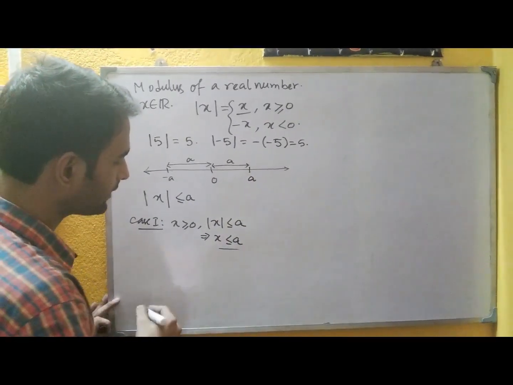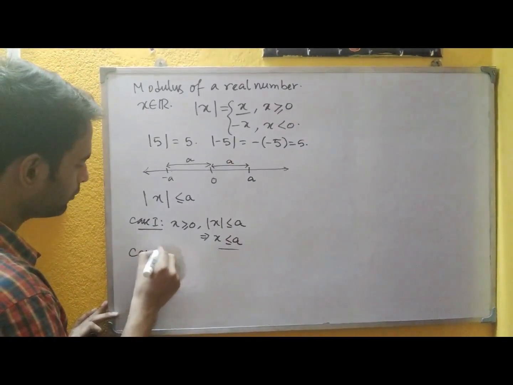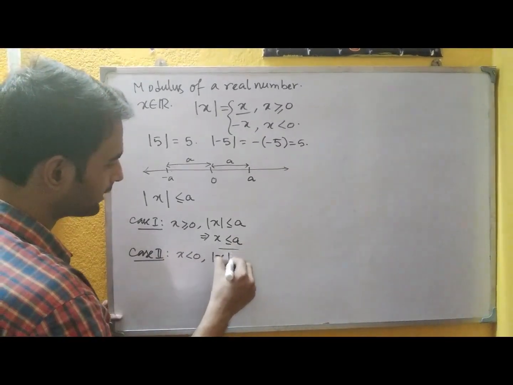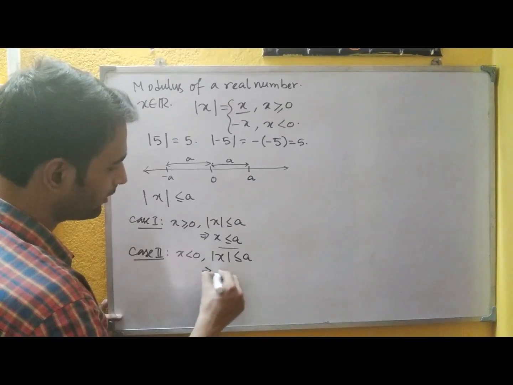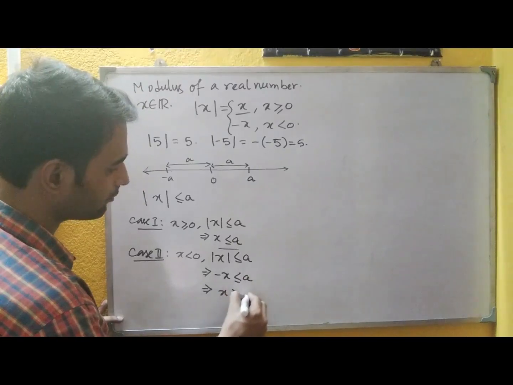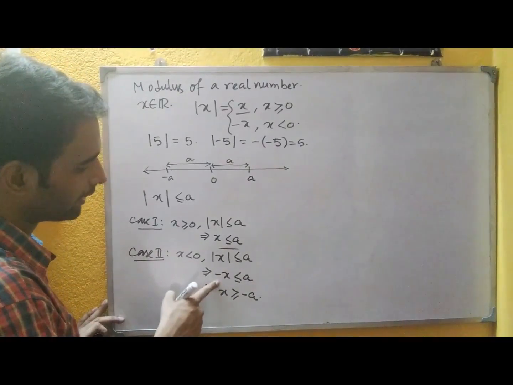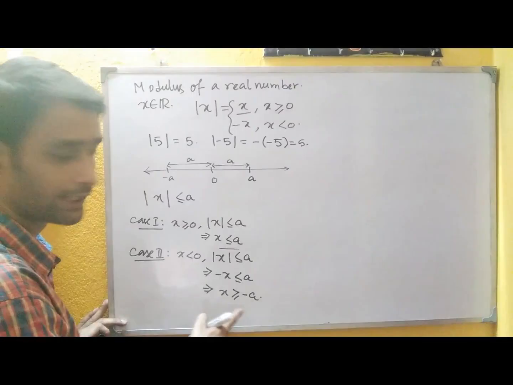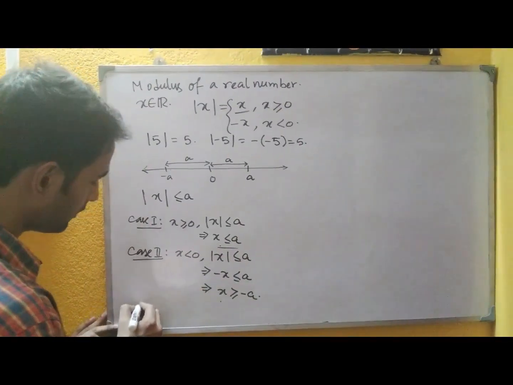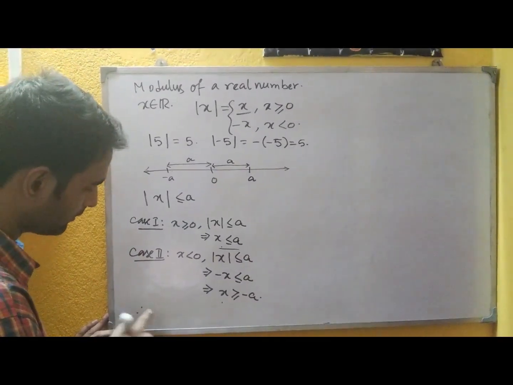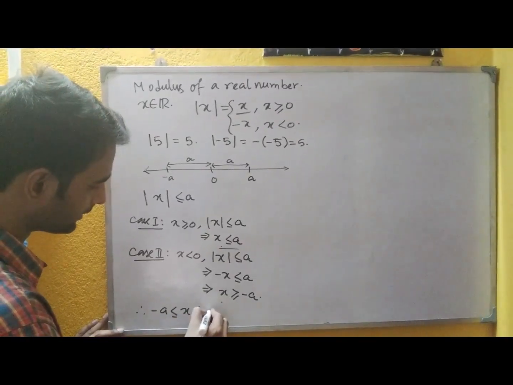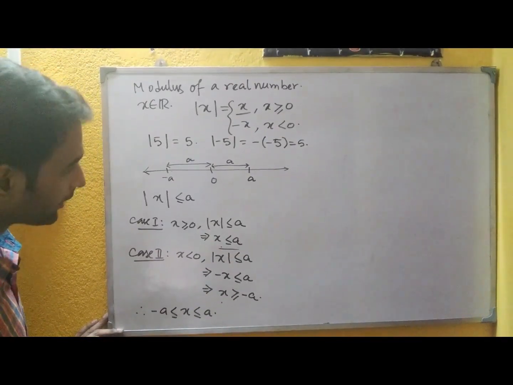So this is one side, and for case 2 we consider x less than 0, then mod x less or equals to a will imply minus x less or equals to a, and this means x is greater or equals to minus a. See, because we are multiplying by minus 1 on both sides, the inequality is changed. If you combine these two solutions, you will get something like this: minus a less or equals to x less or equals to a.